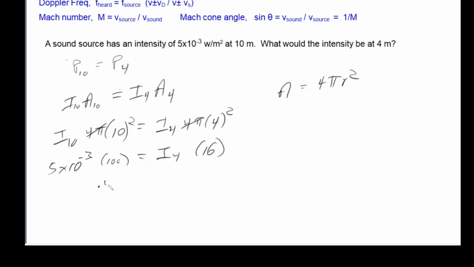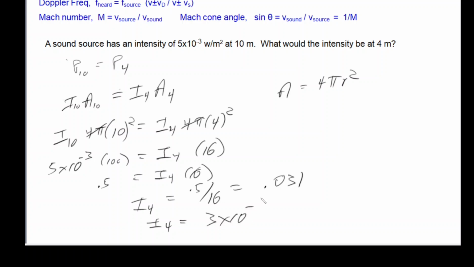This becomes 0.5 is equal to I at 4 times 16, or intensity at 4 meters is equal to 0.5 over 16, which is equal to 0.031. So our intensity at 4 meters would be equal to 3 times 10 to the minus 2 watts per meter squared.